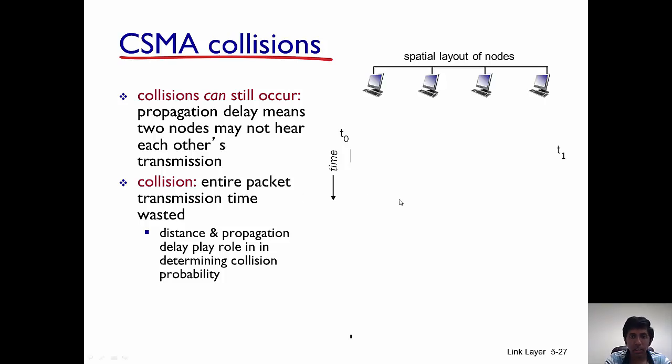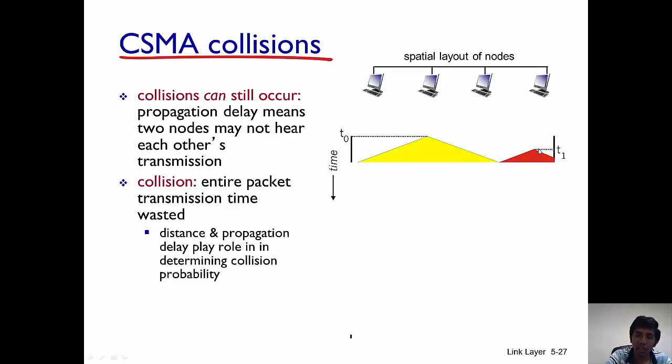Let's consider this simple example here. At time t equal to 0, the second node here starts transmitting its frame or packet. At time t equal to t1, this transmission has still not reached node 4, or this node out here, because it's still propagating on the wire. This node senses the channel, sees that the channel is idle, and then starts transmitting.